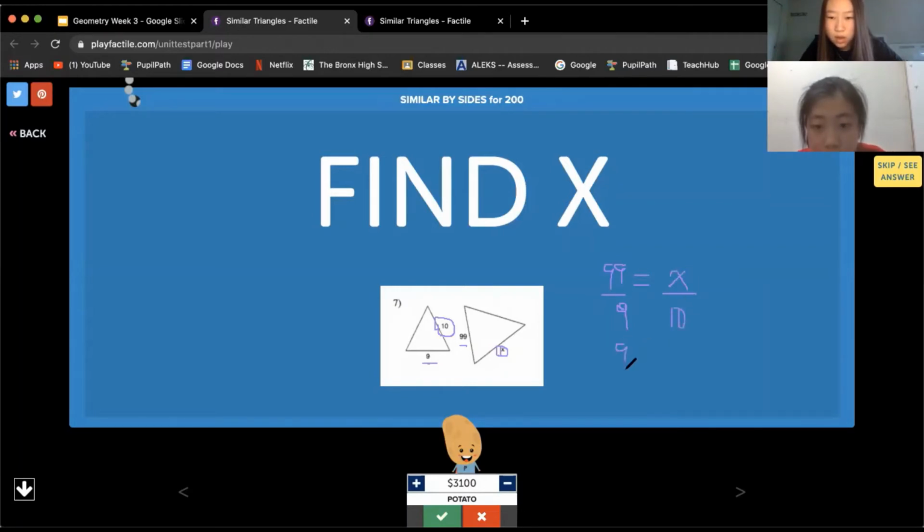So 9x equals 990, divided by 9, x equals 110. So this x here equals 110.